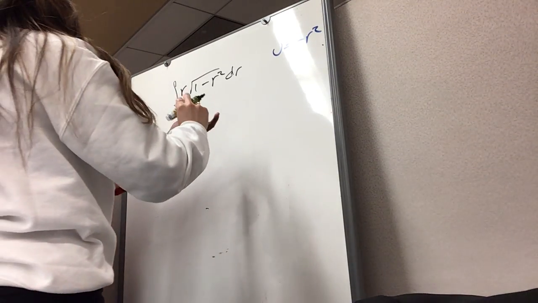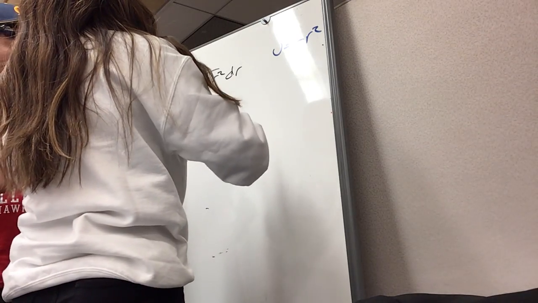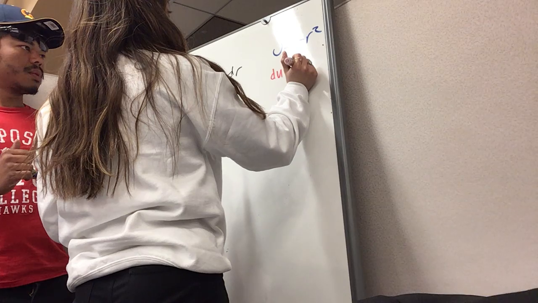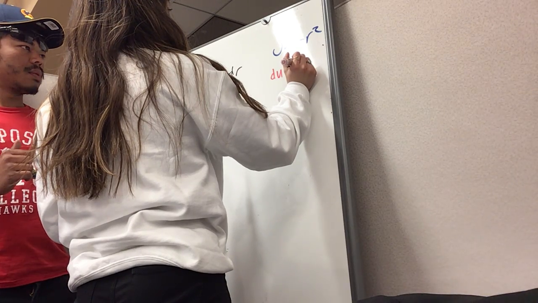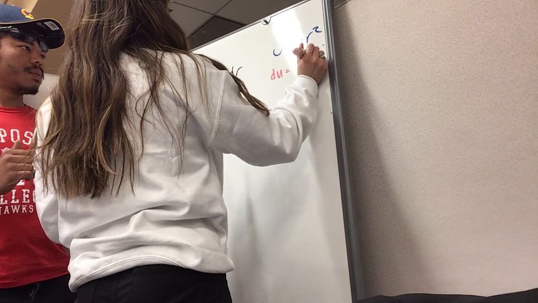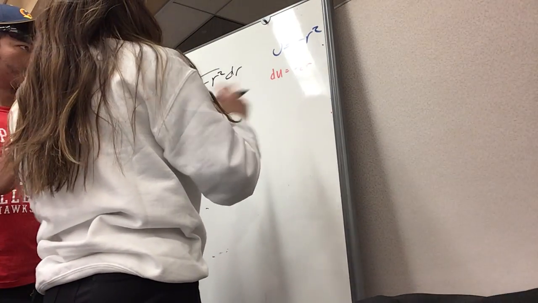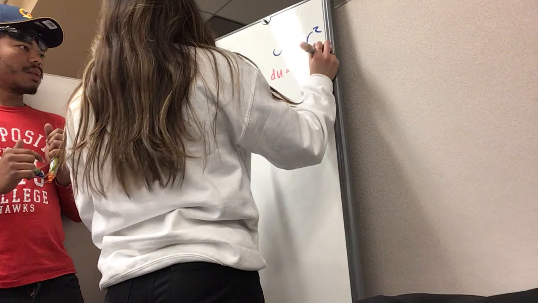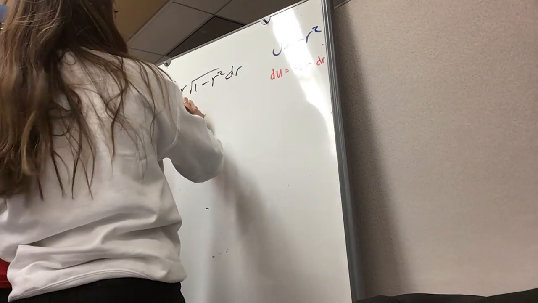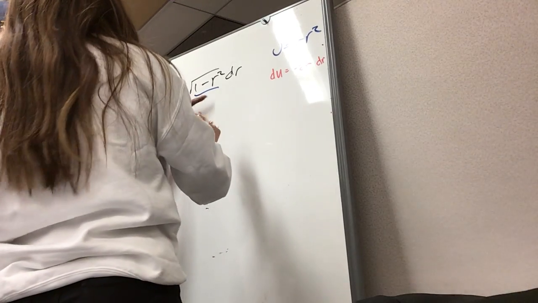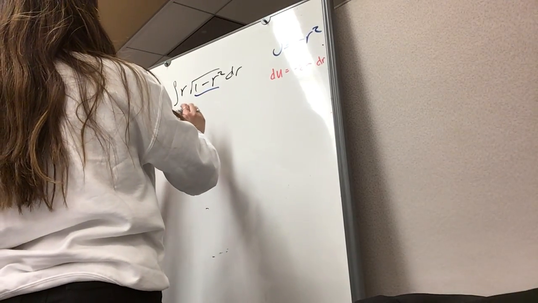Now we have our u, and we have our du. So you should probably divide by -2 over there.